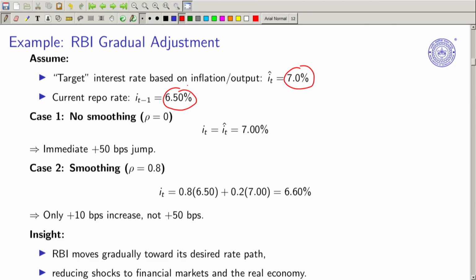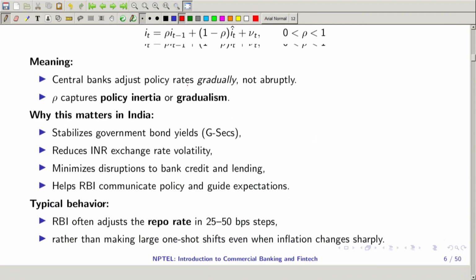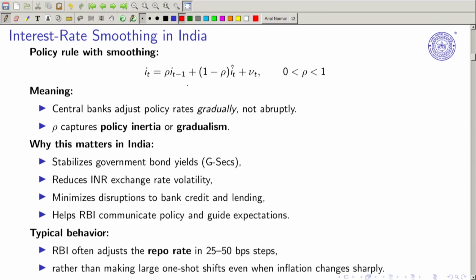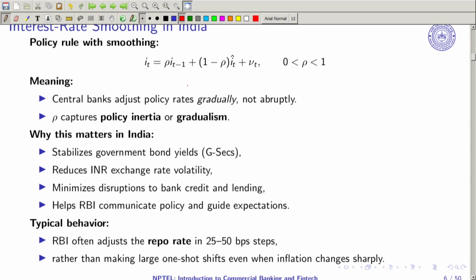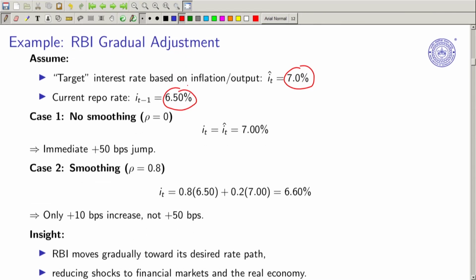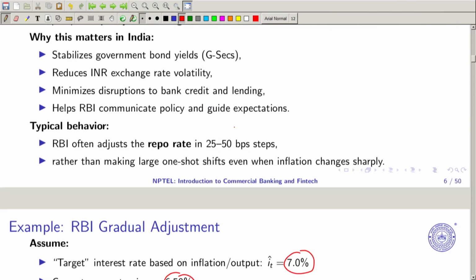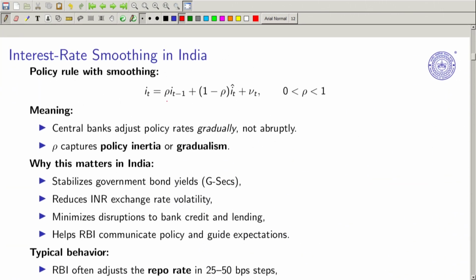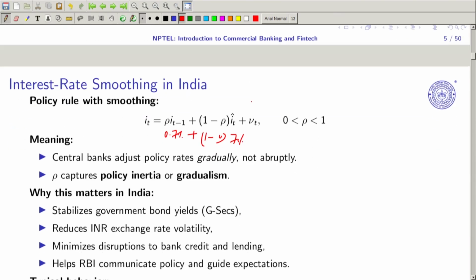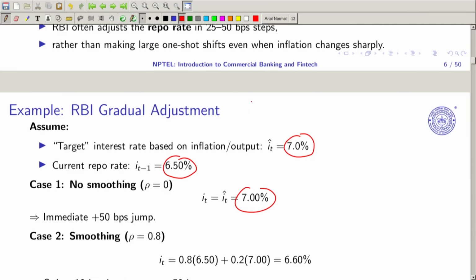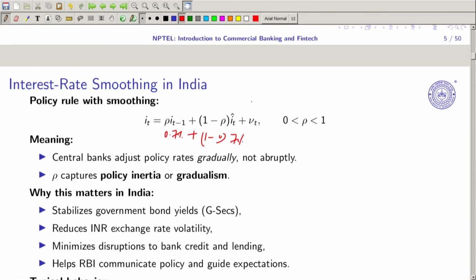So if rho is equal to 0, you can put the value here, and my nominal interest rate is 0 into 6.5 plus 1 minus 0 into 7%. What is the value that we have?